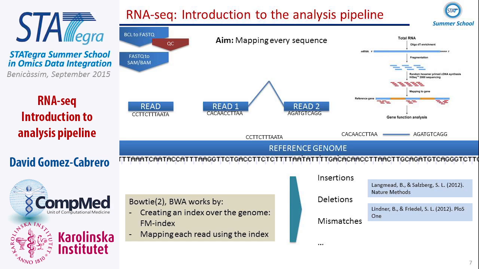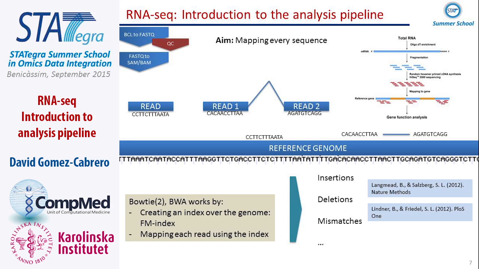If you start with A, then C, then C, then T, then T, and so on, you create a tree, and the sequences you put in this tree end up where they are. So you reorganize your genome as a tree.